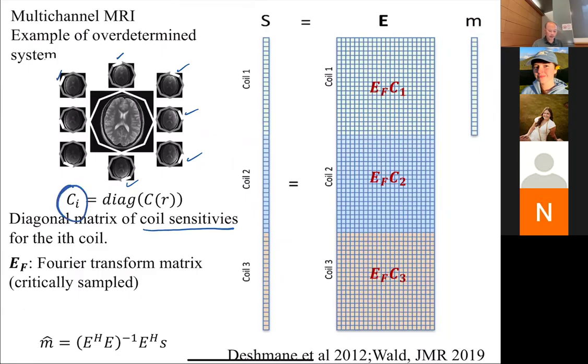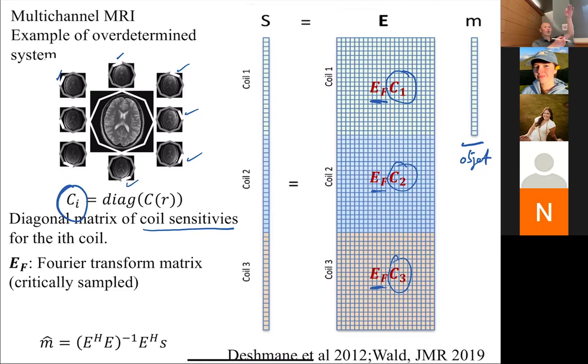Okay. And so this means I have my object here. And before I encode my object, I multiply it by, say, coil 1's sensitivity pattern, coil 2 by its sensitivity pattern, and coil 3 by its sensitivity pattern. Then I multiply by the Fourier encoding pattern, and then I store all that data.